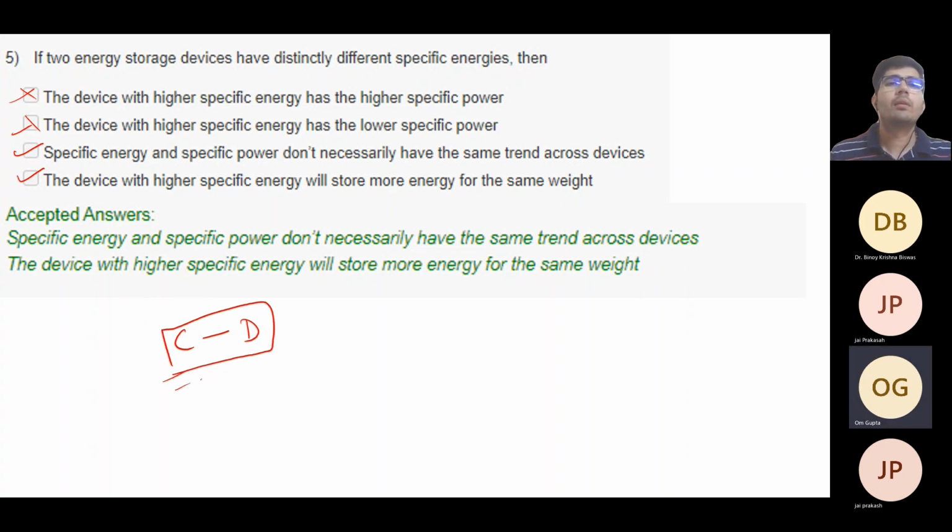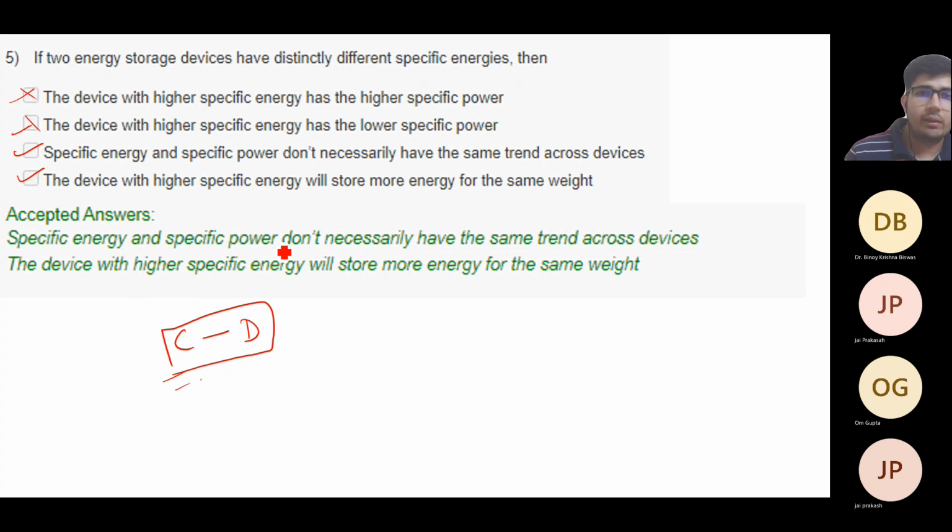As per this, I have one question. Batteries have higher specific energy and lower specific power. Capacitors have lower specific energy but higher specific power.